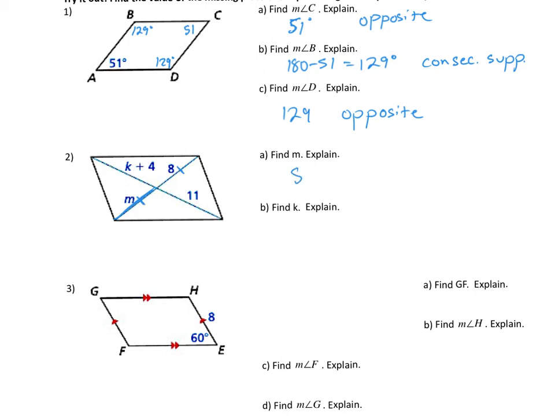So M has to equal 8 because the diagonals bisect each other, so one has to equal the other. Now K, so I know that K plus 4 must equal 11. I'm going to subtract 4 from both sides. K should then equal 7 because of the same reason, the diagonals bisect.